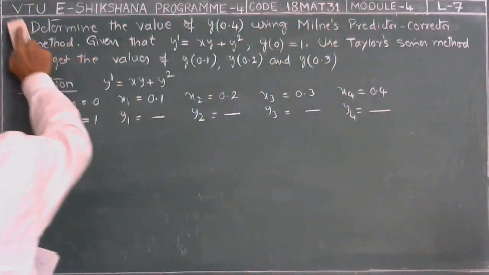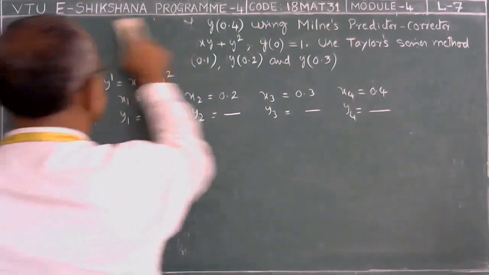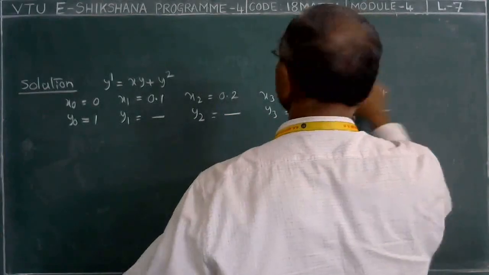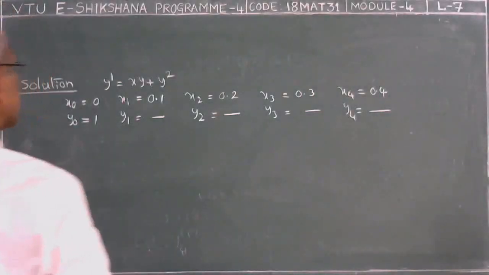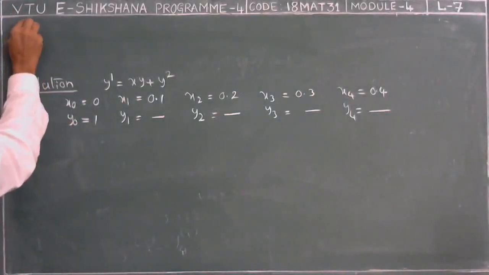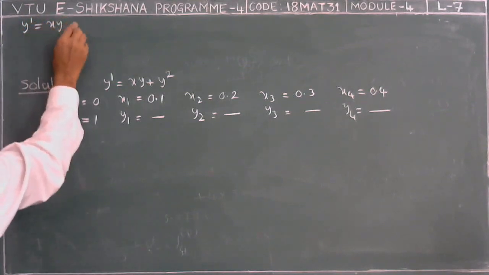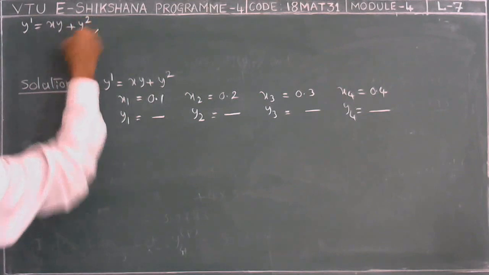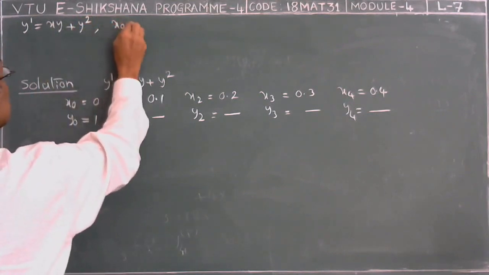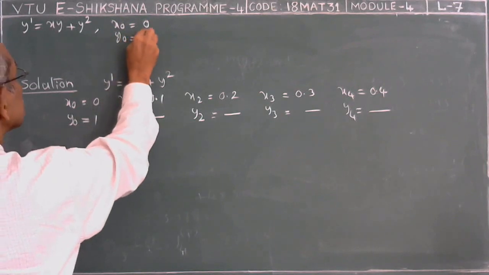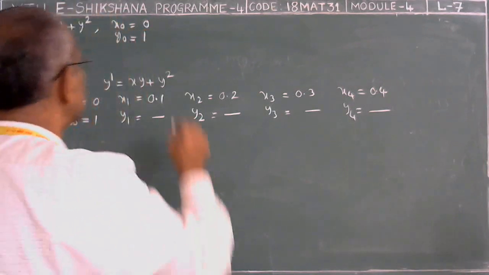Let me write down the data here. y dash, or dy by dx, is x into y plus y square. Then x0 is 0, y0 is 1.